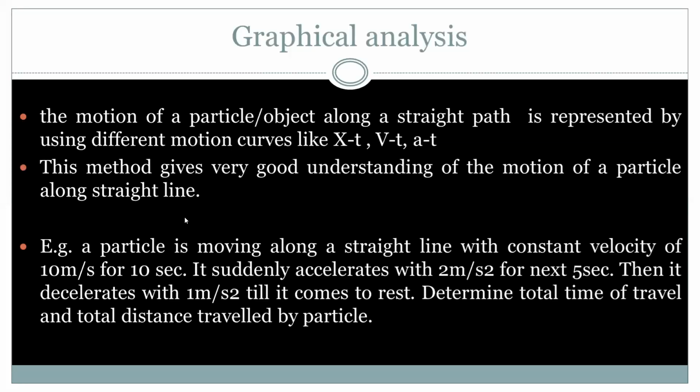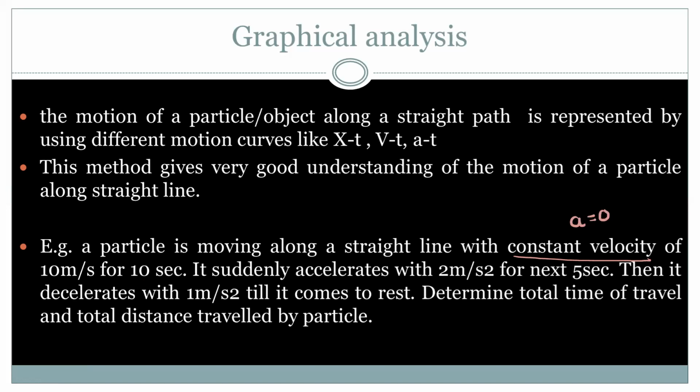So the first graph, it is for the acceleration and time. So you can refer the data for the acceleration. For first 10 seconds, velocity is 10 meter per second. That means it is a constant velocity. Okay, so when velocity is constant, corresponding acceleration, this value, it will be 0.